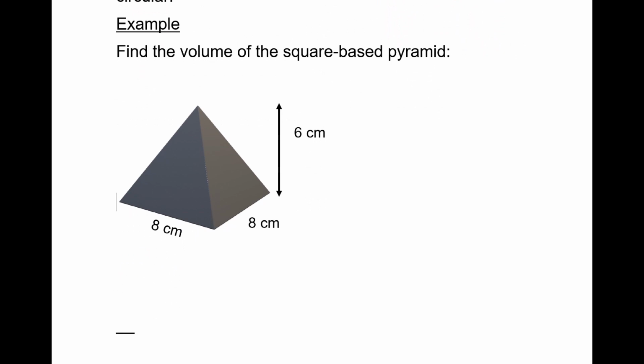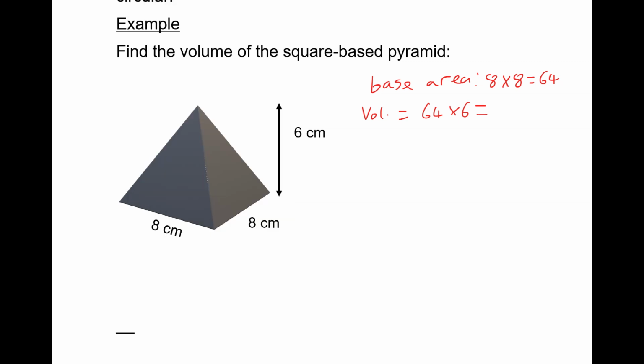If I want to find the volume of this square base pyramid, I first of all need to work out the base area. Now the base is obviously a square, and to work out the area of a square we do length times width. So that's going to be 8 times 8, which is 64.